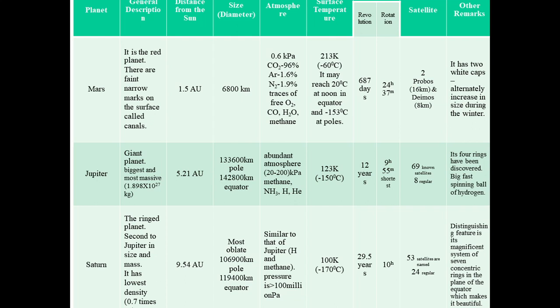Now another thing which we can observe on Mars, that you may have heard about, is that there are some faint narrow marks on the surface which resemble a dried river, which are called canals. Also it has two white caps because its poles are very cold, which alternately increase in size during the winter and diminish with the approach of summer.